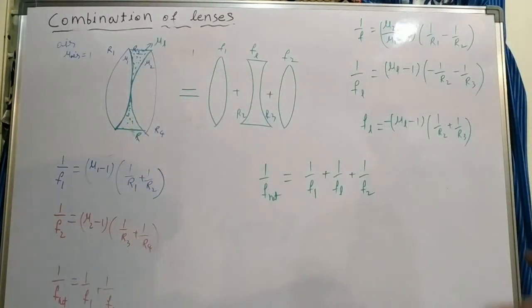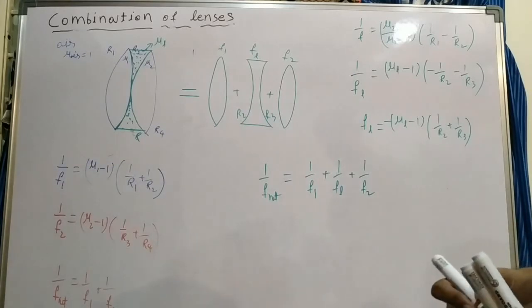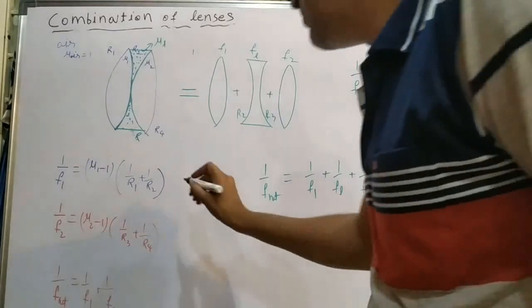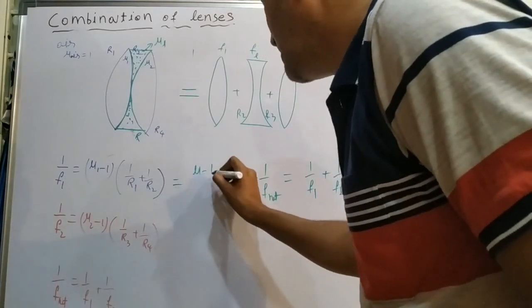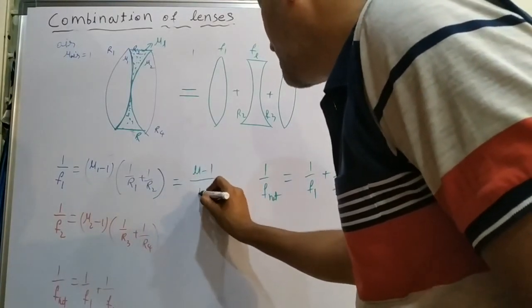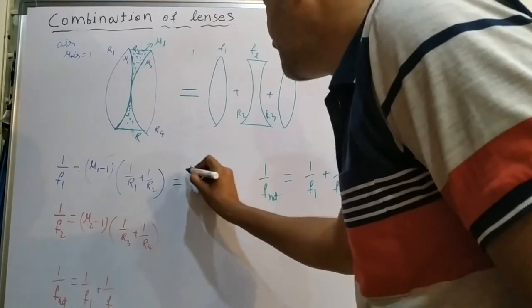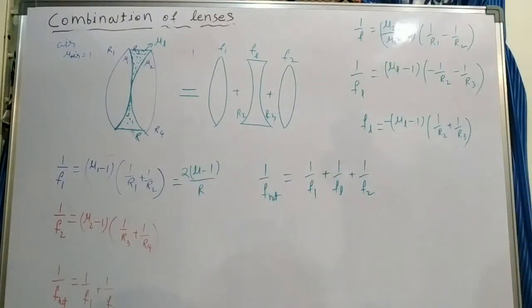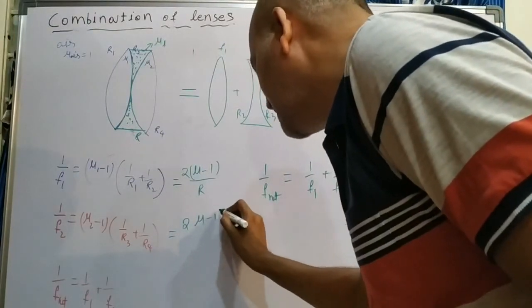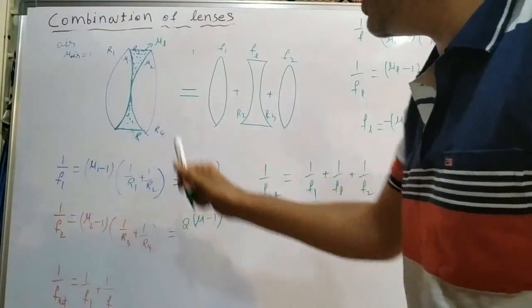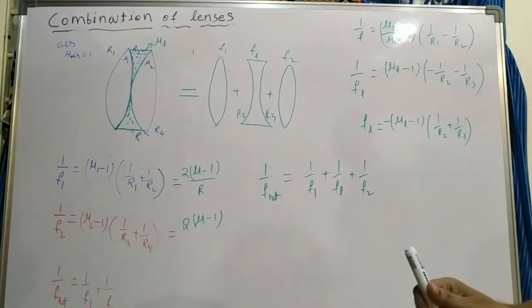Then in that case, how are these expressions modified? For this we can write 1 by F1 is equal to 2 into (mu minus 1) by R, and this one also 2 into (mu minus 1) by R. Why? Because the same refractive index is taken, especially in this case.